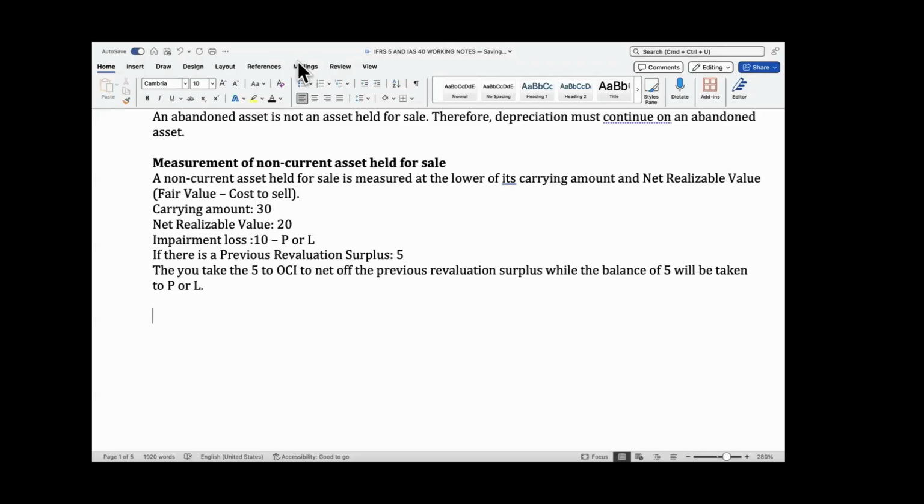What then happens if you classified an asset as held for sale and you have made several efforts to sell, but you could not sell? Then the entity reclassifies the asset back to non-current assets.